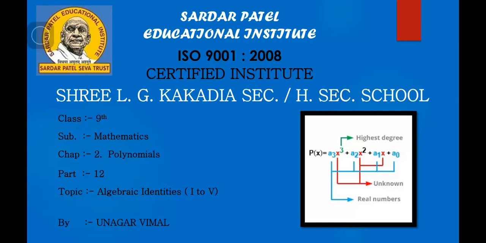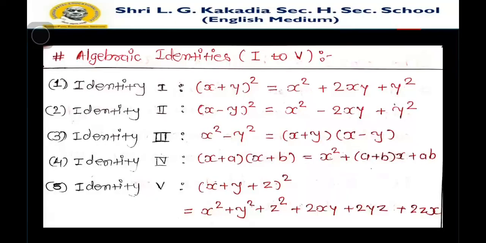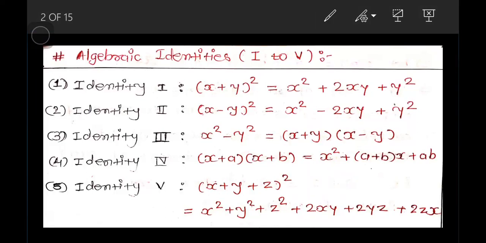First, we have to remember these 5 identities as given here, that is algebraic identities 1 to 5. Here first identity 1, for any two variables x plus y: x plus y whole square is equal to x square plus 2xy plus y square.